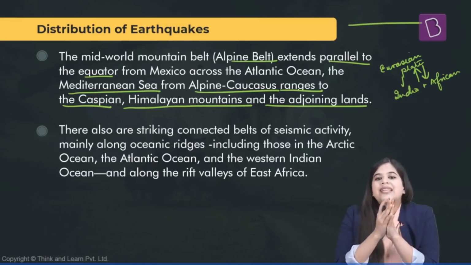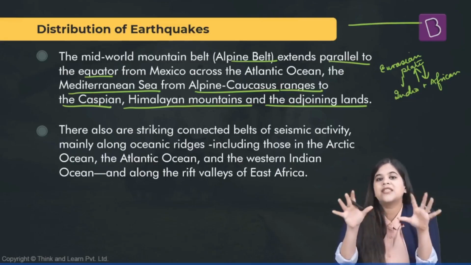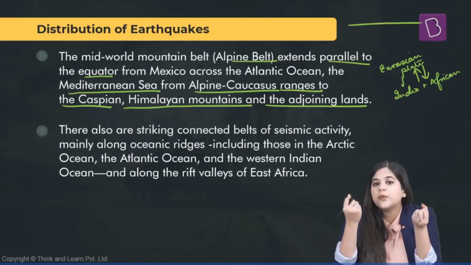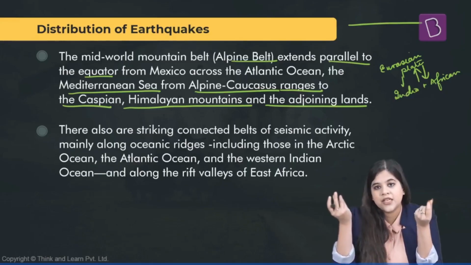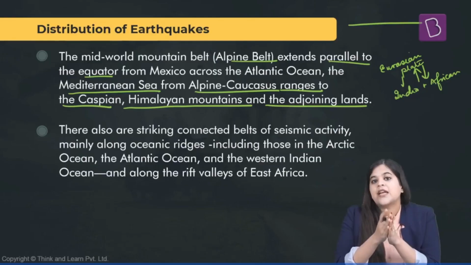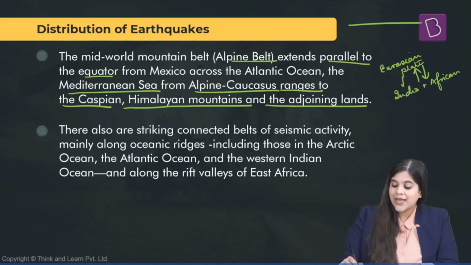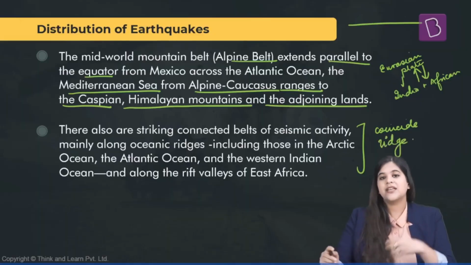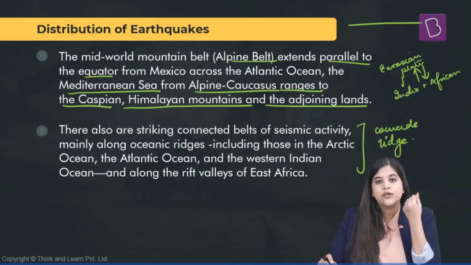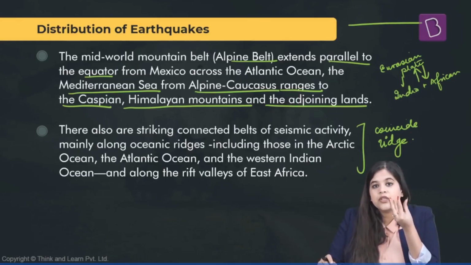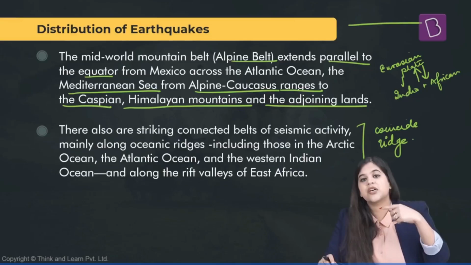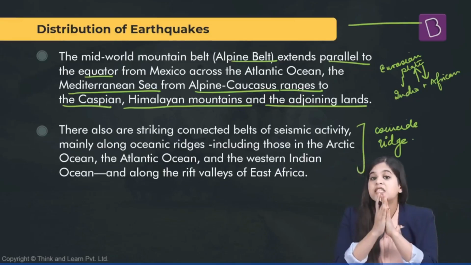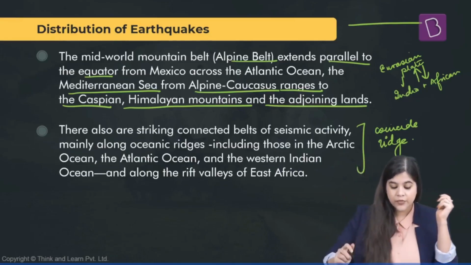Now these were the land belts, that is, the belts whose effect can be seen on the lands. Apart from these, there are under-ocean belts as well, and they coincide with the oceanic ridges. Here they are mostly the diverging plates that are working, which are creating the ridges. So there is some movement of the plates, right?